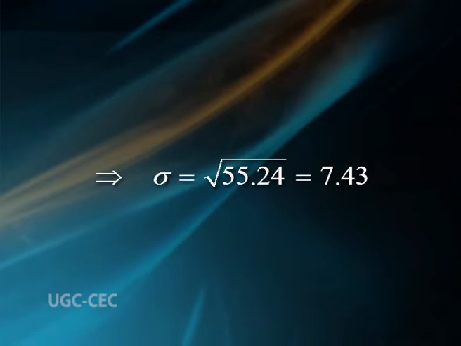This implies sigma equal to square root of 55.24, that is equal to 7.43.